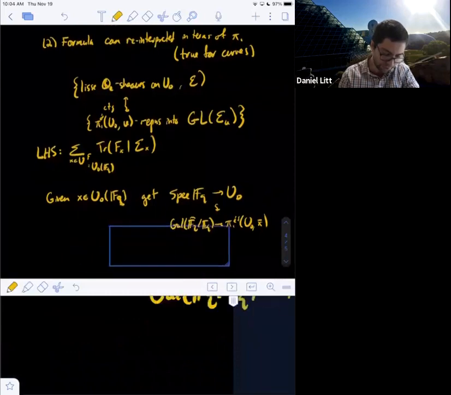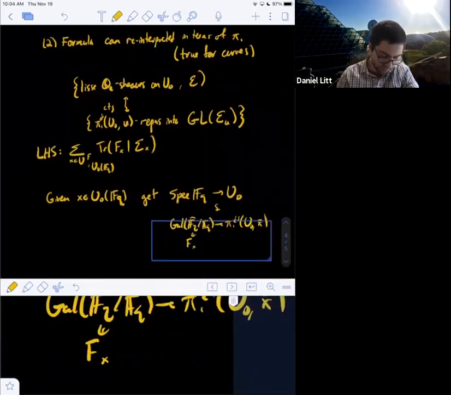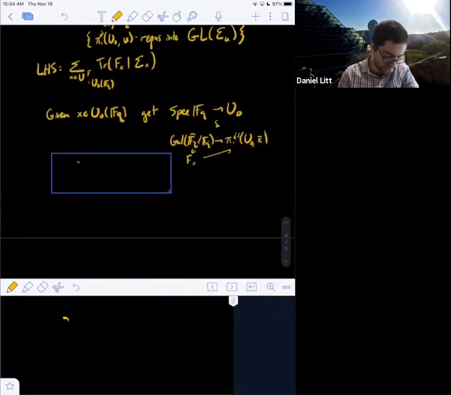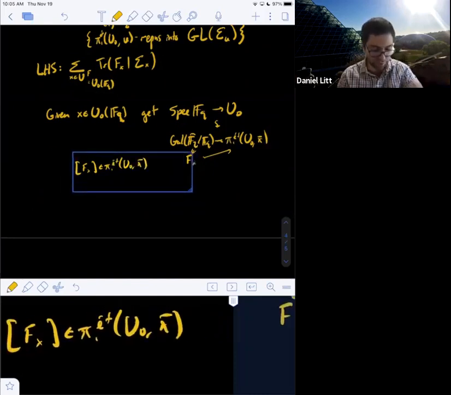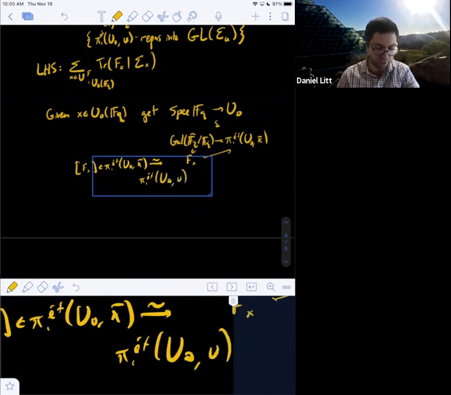So what this means is that you can take the Frobenius element fx in here and map it over here, to this class of Frobenius in pi1 Etale of U naught x bar. So you get a well-defined element here, and when you choose an isomorphism to pi1 Etale U naught with our base point U, you only get something that's well-defined up to conjugacy.